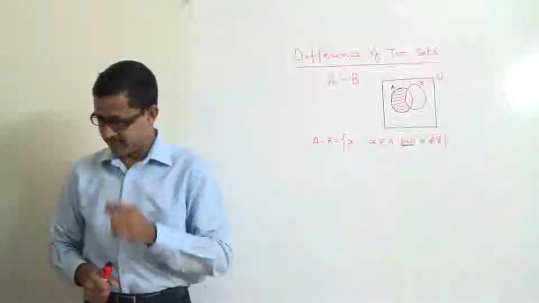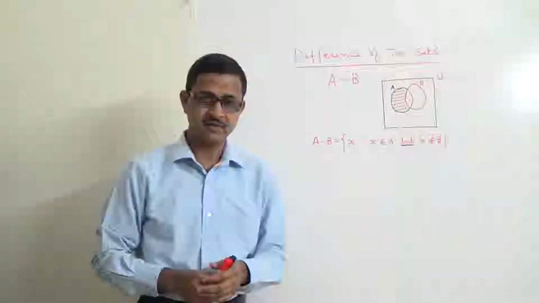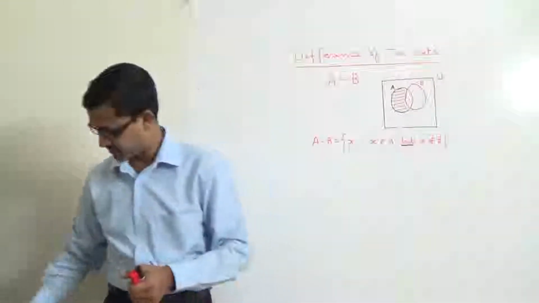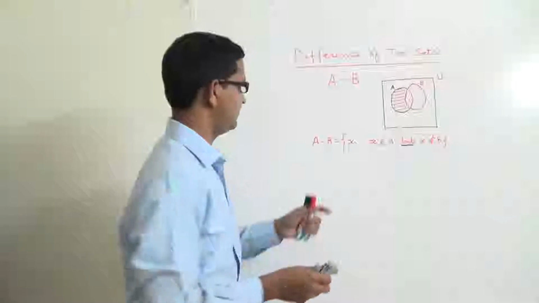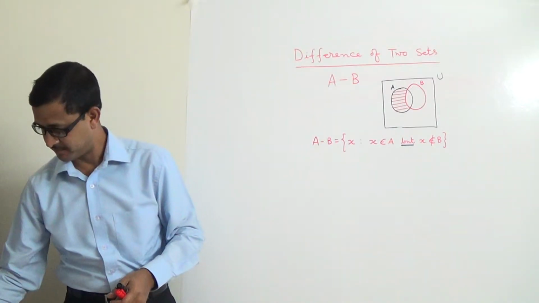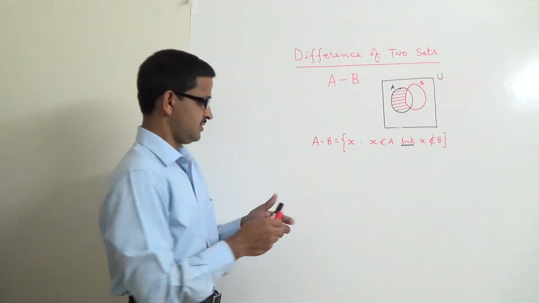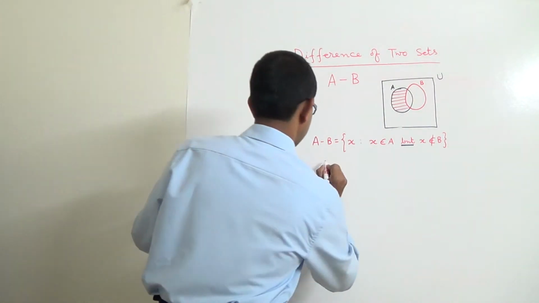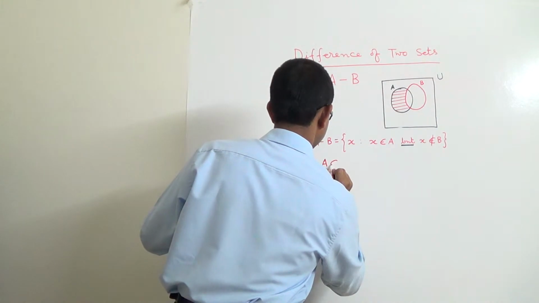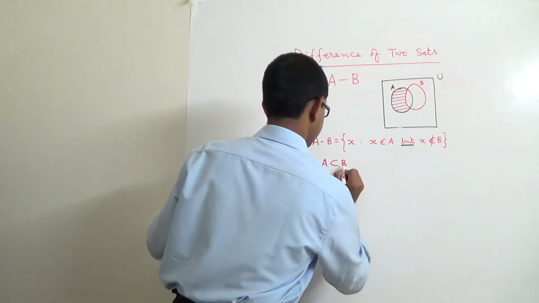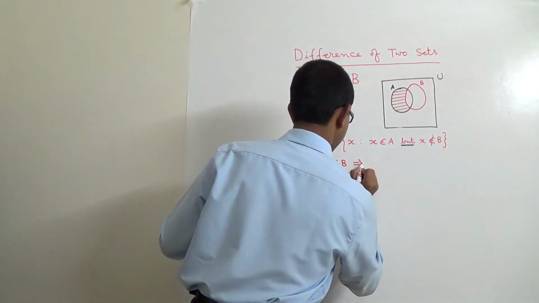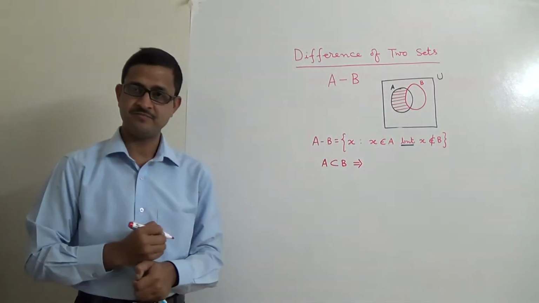Let's see some properties of A minus B. Suppose A is a subset of B, then what does it imply?